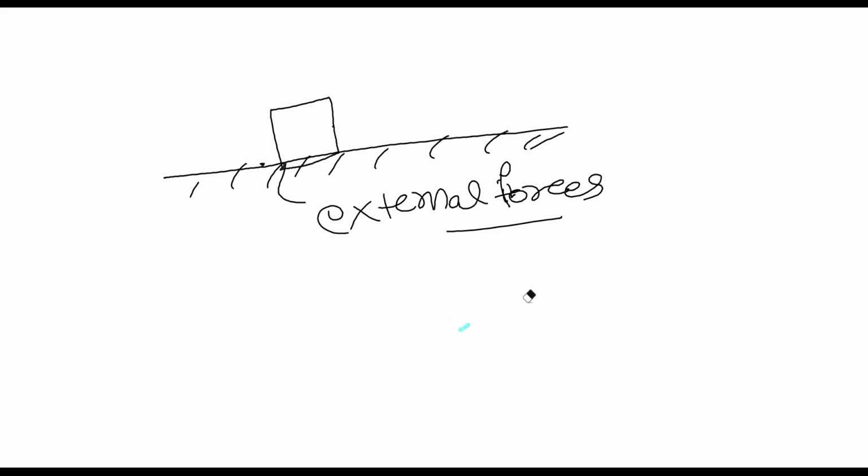There are many types of forces, internal forces and external forces. This is Newton's first law: the body will be at rest until an external force is applied. Here there is no external force, so the body will be at rest.